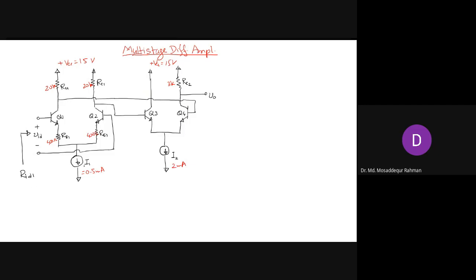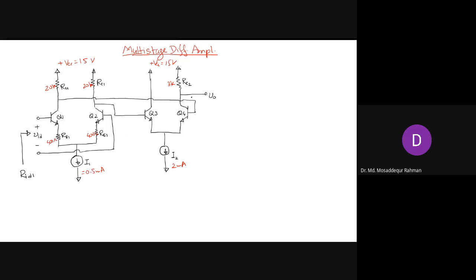Since the current is low, and we also have emitter resistance, that will reduce the gain and we will end up with low gain. In order to increase the gain, we add this second stage where we have taken a high value of the bias current and also without any resistance in the emitter, because both of these will result in higher gain for the second stage. So overall we'll achieve high gain and at the same time high input resistance.